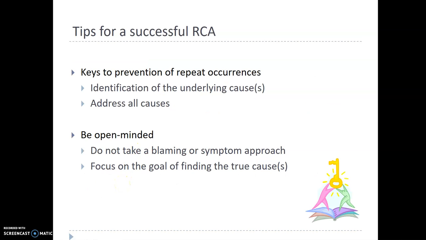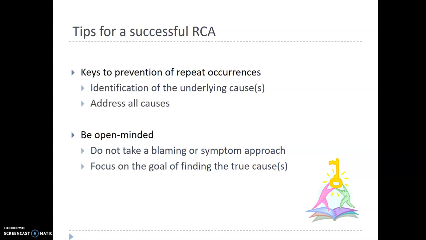The tips for a successful root cause analysis include: one, bringing all the people to the table whose departments were involved in the error, and to identify the underlying causes and to address all those causes with a recommendation for how to improve.